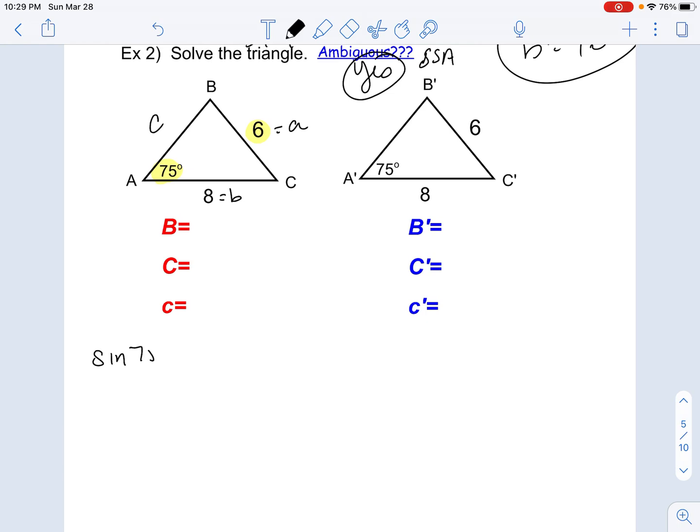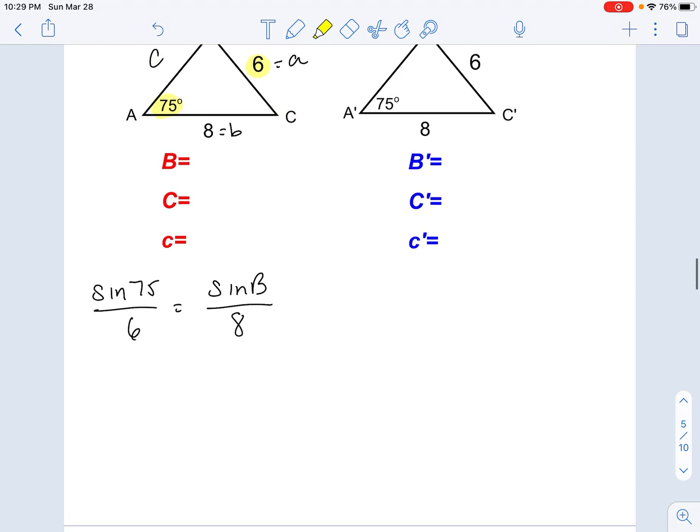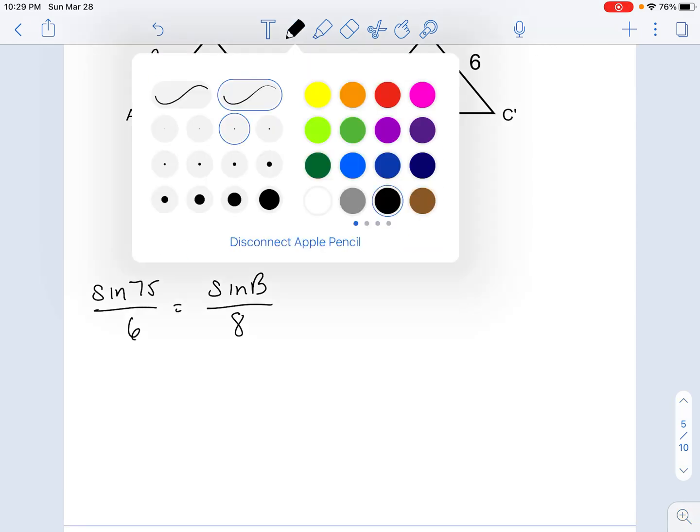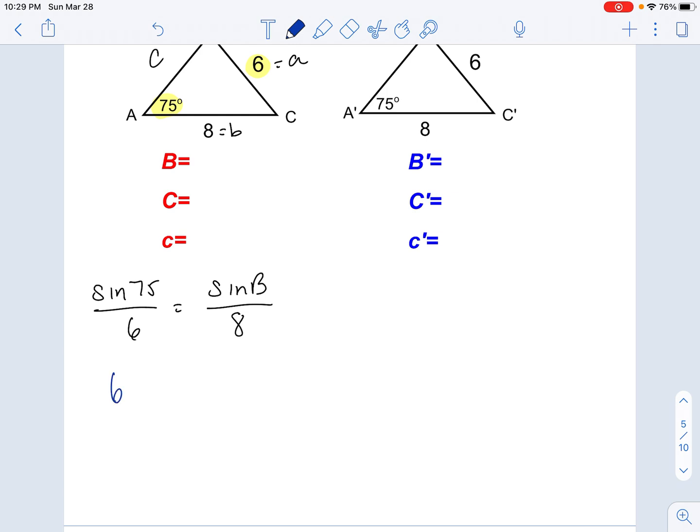So our first fraction is going to be sine of 75 over 6, and that's going to be equal to sine of angle B over side B in this case, which is 8. Again, I can't use C because I don't know anything about angle C or side C, so that won't give me anything. I'd have two missing pieces. So if I go ahead and cross multiply, that gives me 6 times sine of B equals 8 times sine of 75.